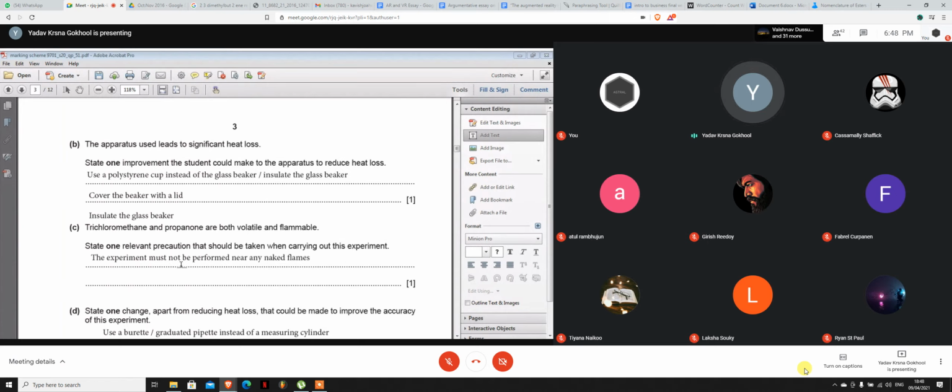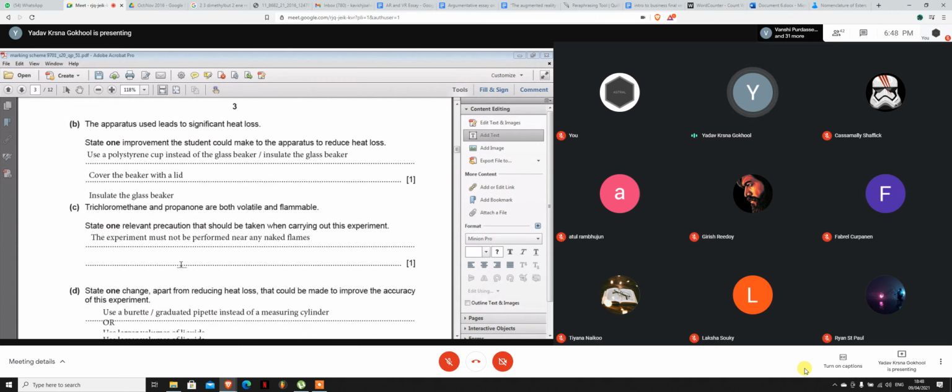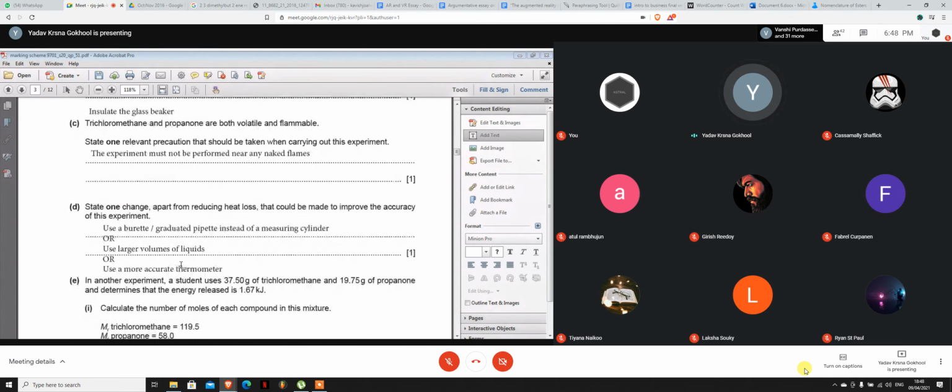We all know that the values measured using measuring cylinders are not that accurate, so it's better to use a burette or a graduated pipette. Of course, it is not the normal pipette, it is a graduated pipette. Or even if we are using a pipette, we have to say that we are going to use a safety pump, as we cannot pipette organic liquids with the mouth.